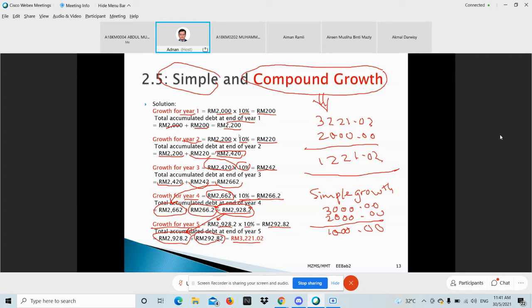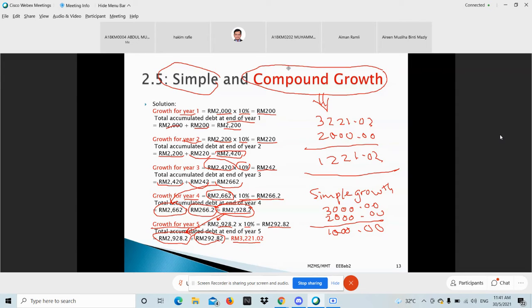Simple growth, kalau macam compound growth, dia akan tambah interest by year, macam dia akan renew the nilai interest tu macam 200-220 tu dia akan update based on total debt at the end of the year. So kalau simple growth tu dia akan, the rate of interest to stay, dia akan darab je dengan amount of year yang kita debt.